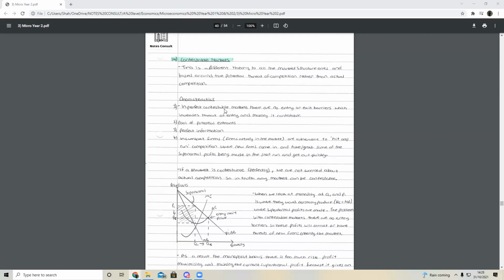When we think about contestable markets, first think about the perfectly contestable market, where there are no entry or exit barriers, which increases the threat of entry, making it contestable. There's a pool of potential entrants. There's perfect information. There are incumbent firms, which are firms already in the market, and they're vulnerable to hit and run competition, which is basically what we saw with perfect competition.